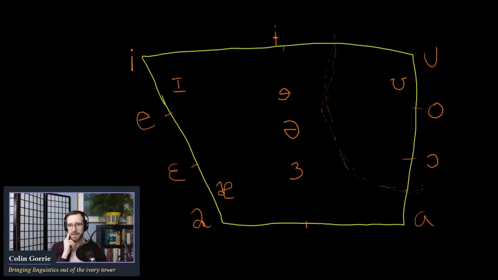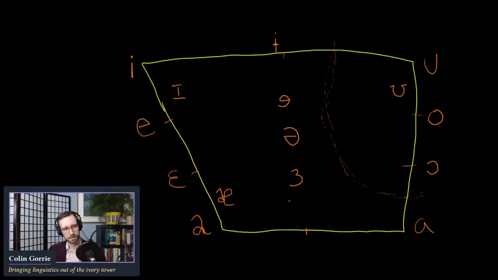We have something higher, low, center. So we have this kind of upside down A vowel here. And so we can use these extra symbols if we need something else.